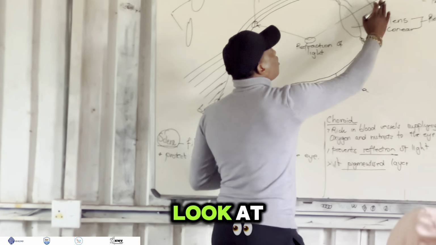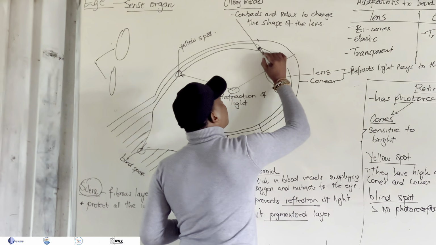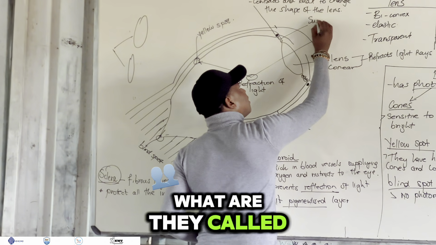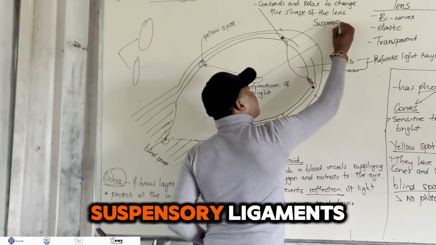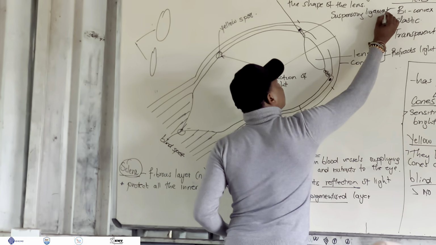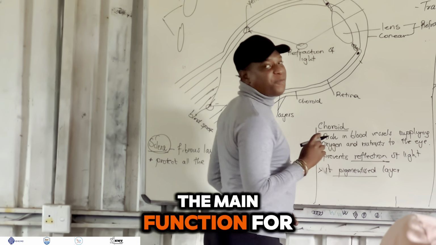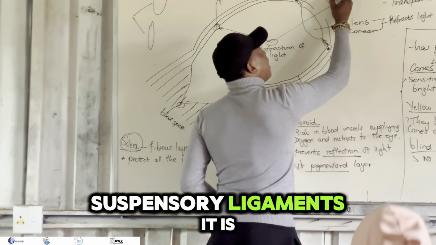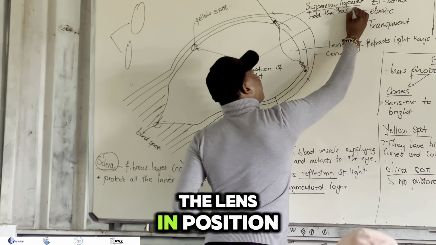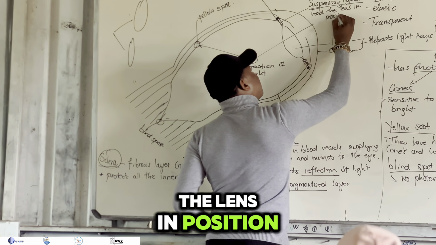Then we look at these rope-like structures. What are they called? Suspensory ligaments. The main function of the suspensory ligaments is to hold the lens in position.